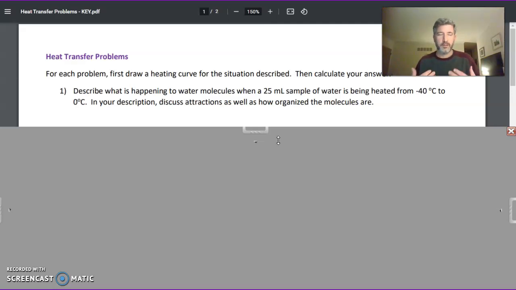That's going to cause some of them, not all of them, but some of them to have enough kinetic energy to actually break free and start to flow and change positions. But if you simply said that the vibrating particles were vibrating faster and faster from -40 up to 0, that would be good enough because I really didn't specify that melting was going on.